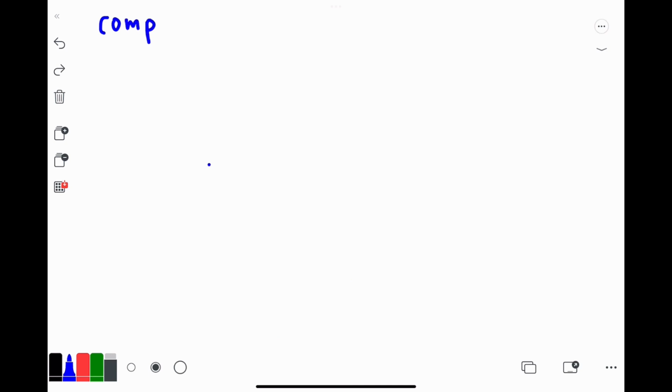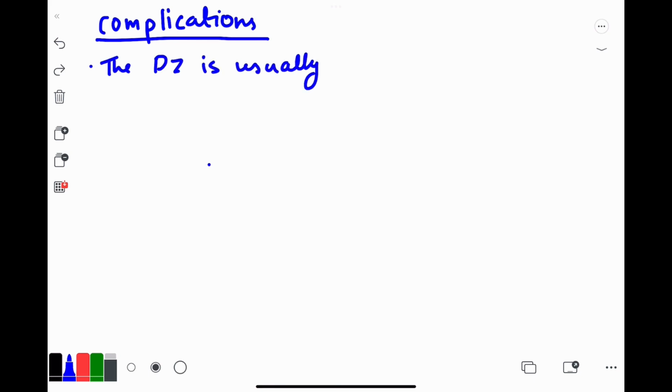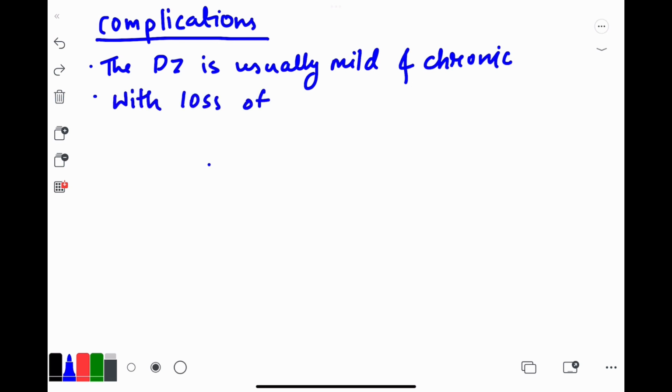Now coming to the last part, what are the further complications of this disease? This disease is very mild and chronic, and as it is chronic, there will be slow loss of hemoglobin.